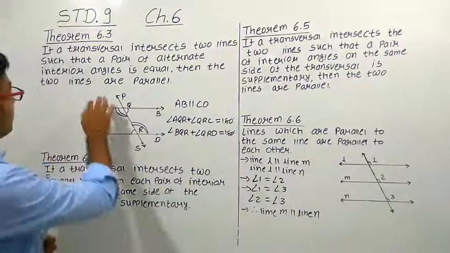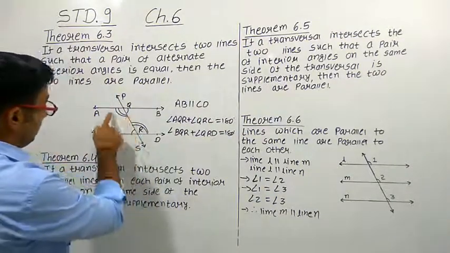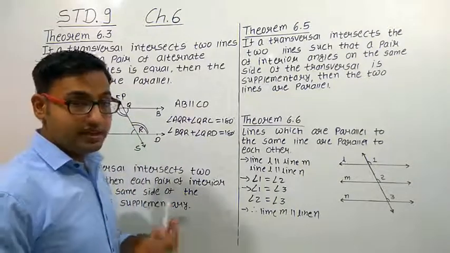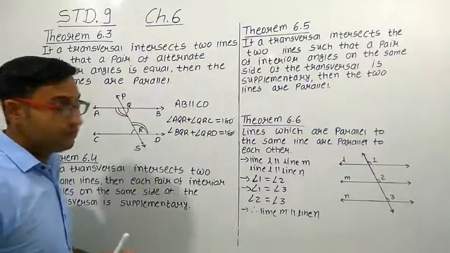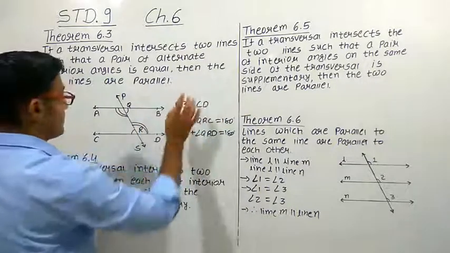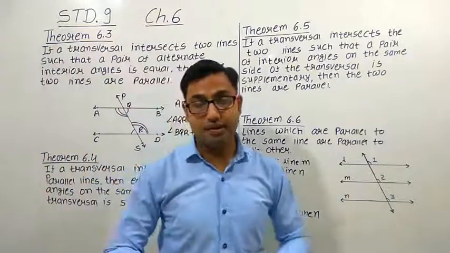In the same way, if a pair of alternate interior angles is equal, then we can prove that the two lines are parallel. So both theorems 6.3 and 6.5 can be used whenever we have to prove that two lines are parallel.